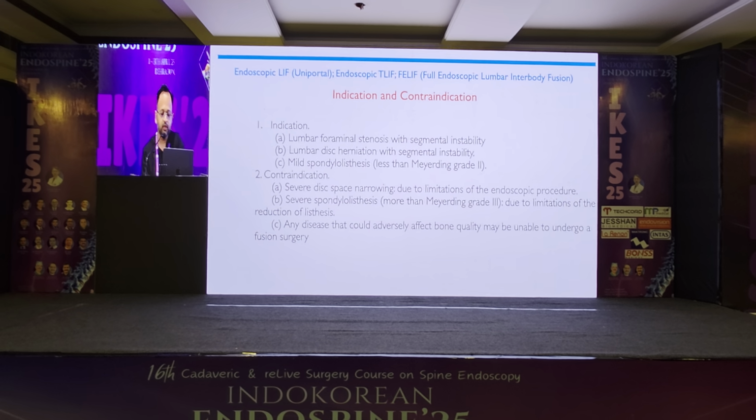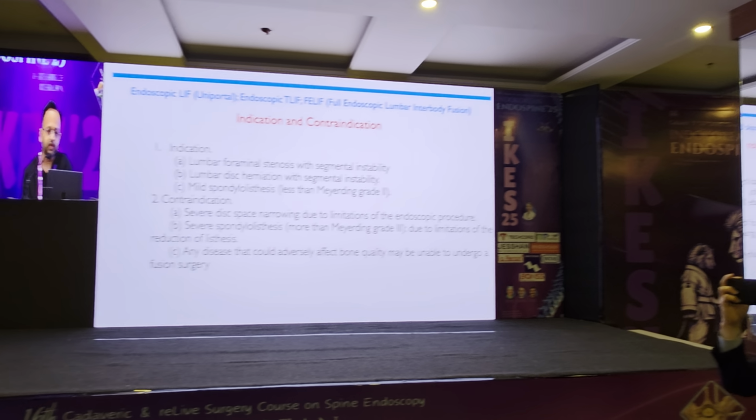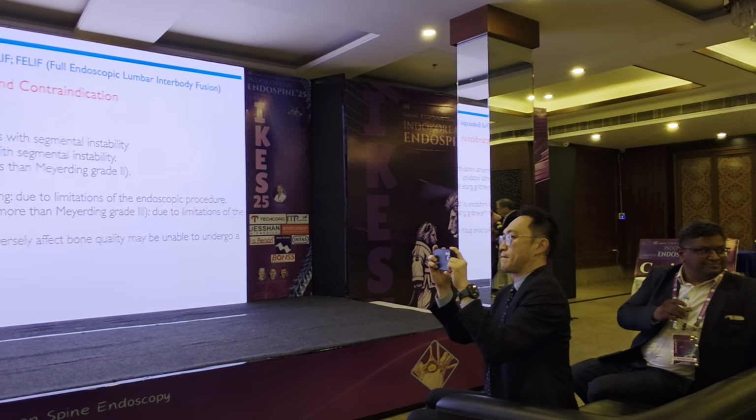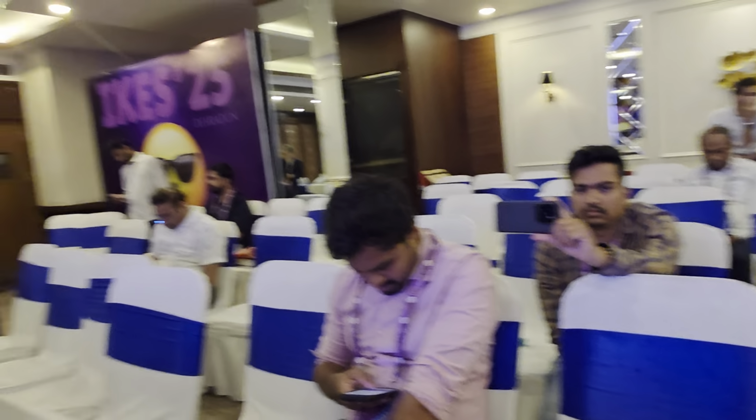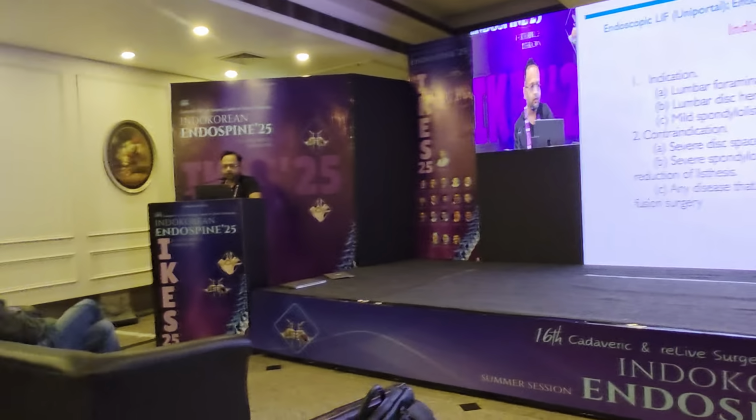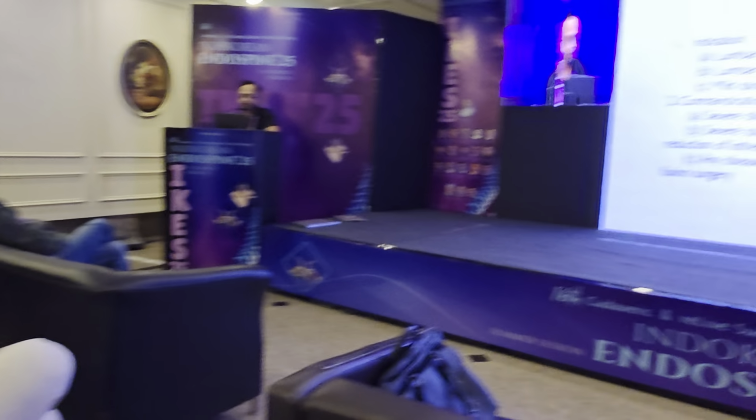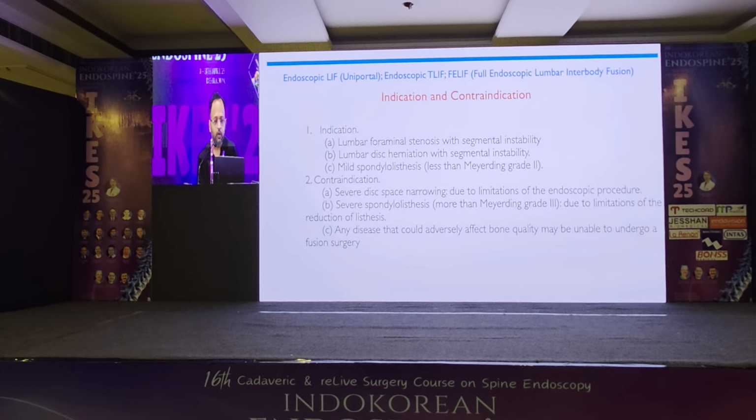So indications, of course, are lumbar foraminal stenosis with segmental instability, and lumbar disc herniation with segmental instability. We speak so much about segmental instability because if it is only grade 1 listhesis with no progressing listhesis, we can do only foraminal decompression, as we are not destroying much of the bone.